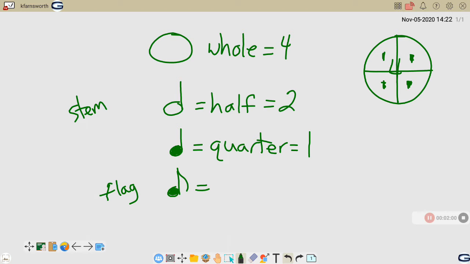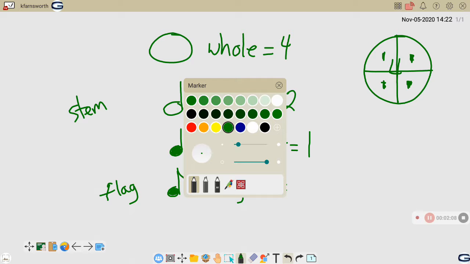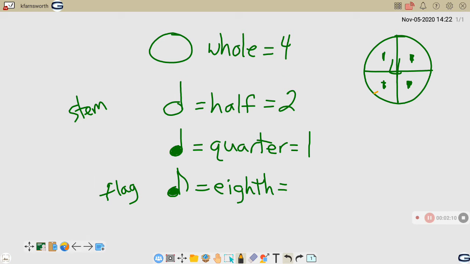I've now divided my measure up, or my circle, up into 8 parts. So I'm going to use a different color here. So I've got 1, 2 lines to divide this up into 1, 2, 3, 4, 5, 6, 7, 8 parts.